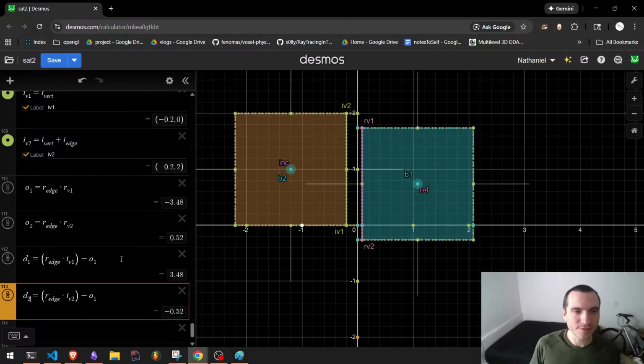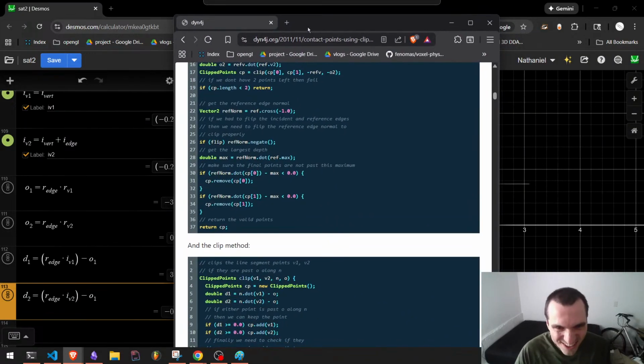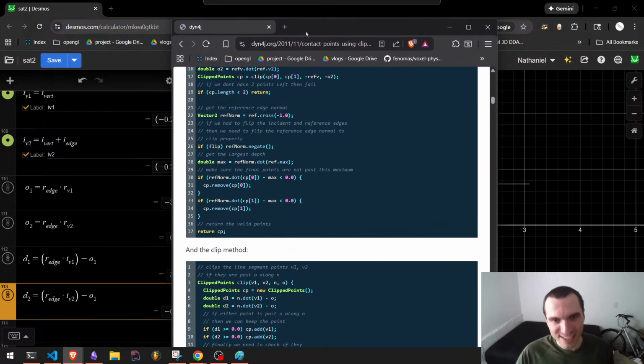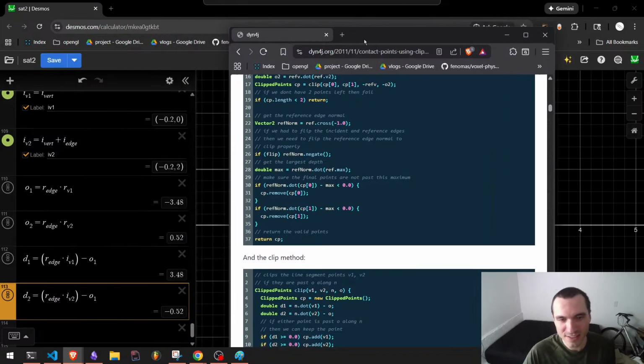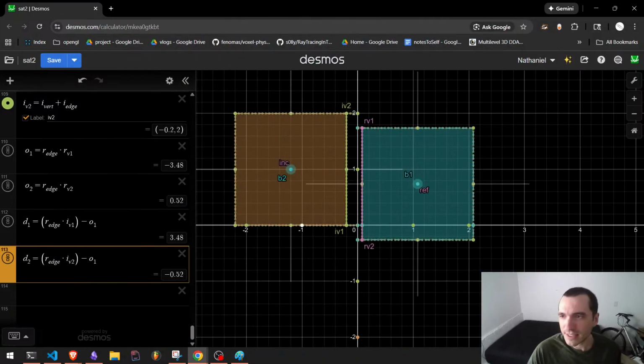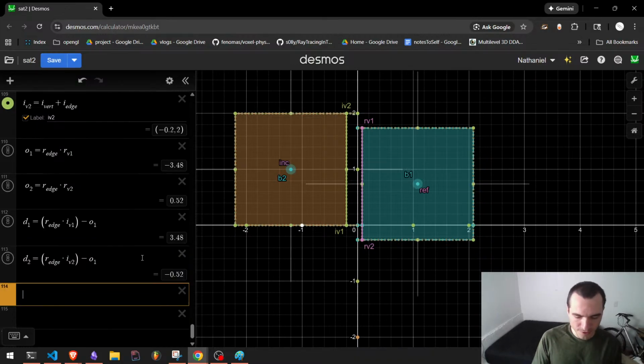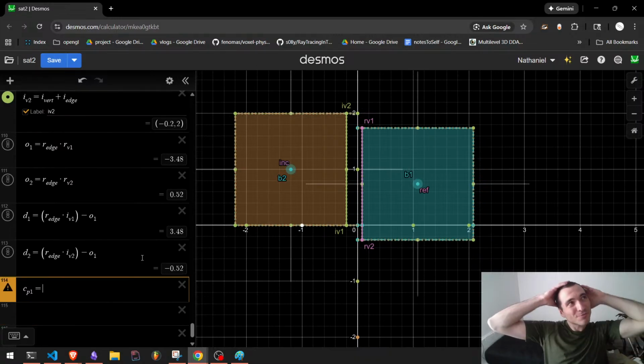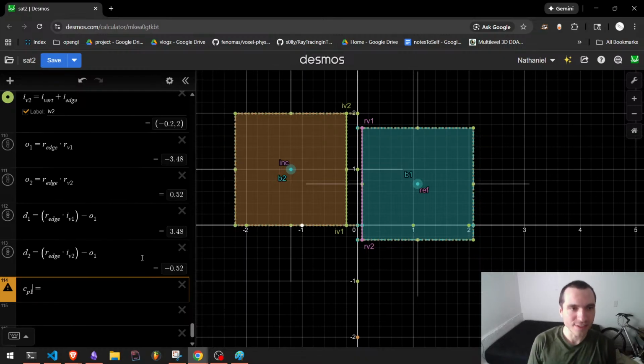So we'll do the same for D2. Just make sure that it's the right thing in this article over here. D2 equals the dot product between the reference edge and vertex 2 minus O. Okay. And then we'll do clipped point 1, CP1 equals, we'll just call it like 1, like for the first step, the first clip point of the first step, CP11.